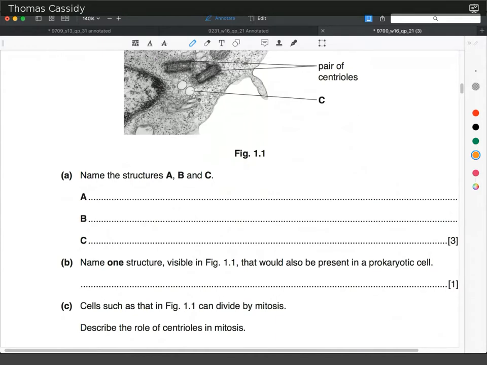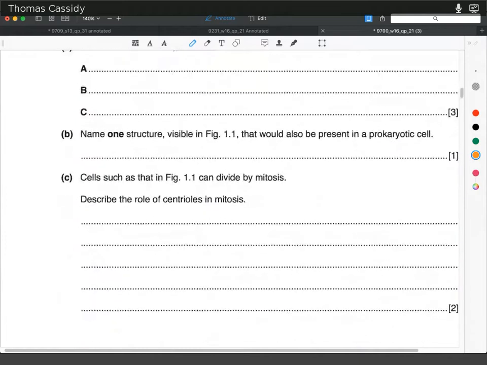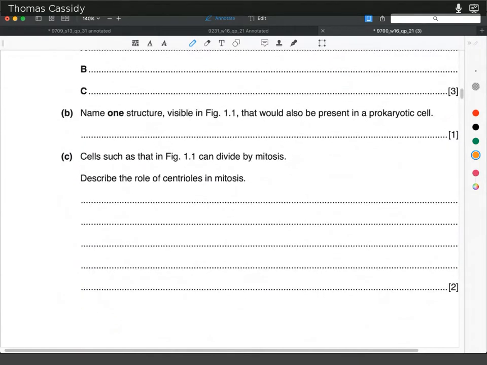So if we're all right with that, we'll go on to part C, which is a slightly longer question, testing what we know about mitosis, specifically describing the roles of the centrioles. It's only a 2-mark question, so we're not worried about going too in depth about where things take place, but we want to hit a few key points, specifically the main role that these centrioles are playing, which is that they form these spindle fibers, these microtubules.